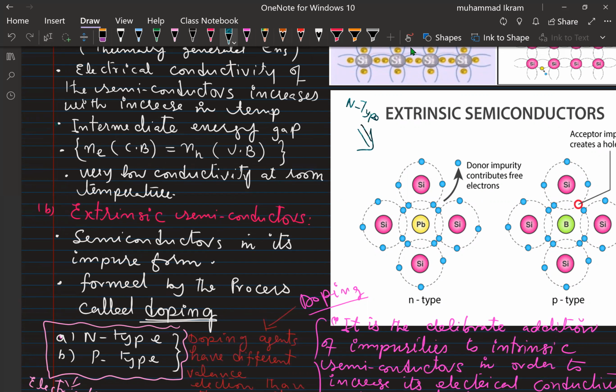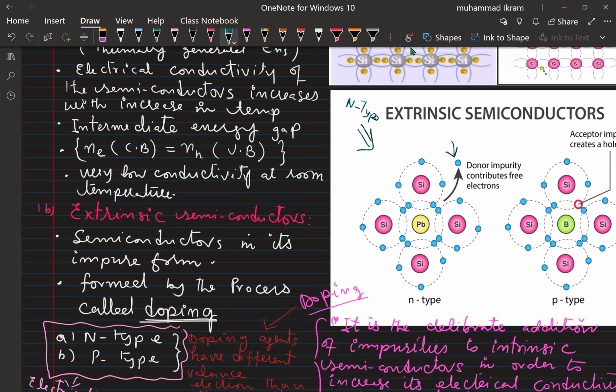Here you see that we have the impurity atom, and this is the silicon atom. Now you see that it is a pentavalent impurity. So four of its electrons are bonded with the electrons in the outer valence shell of the neighboring atoms. But since it has five electrons, one electron is still remaining.